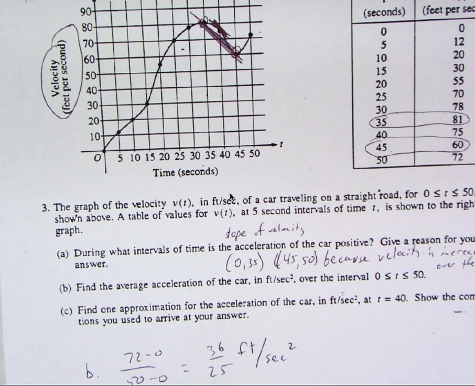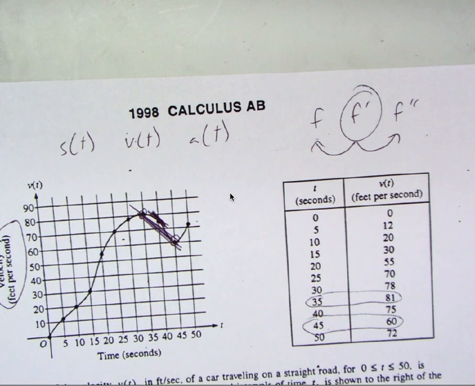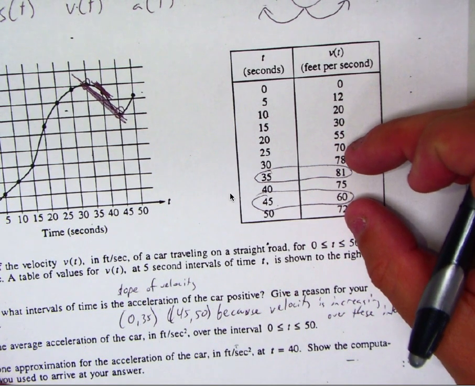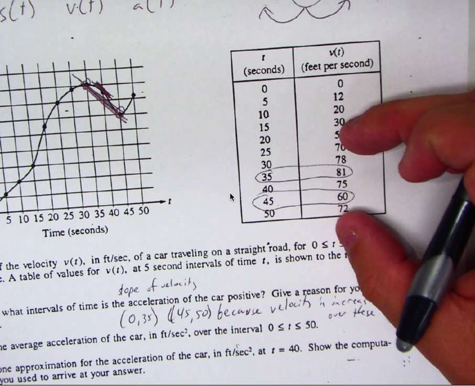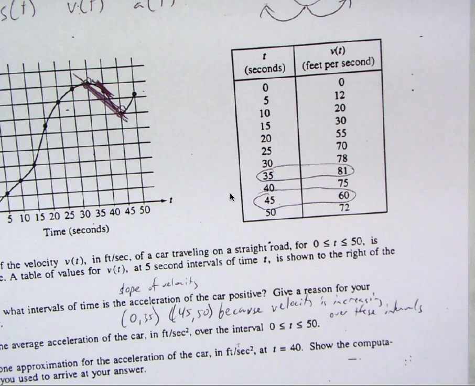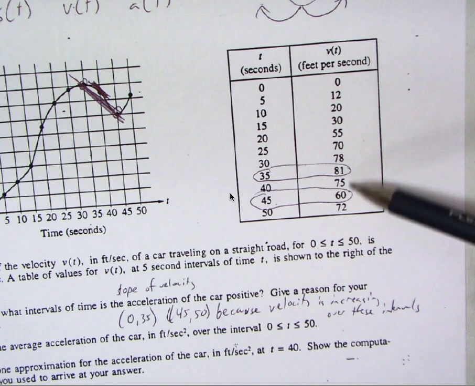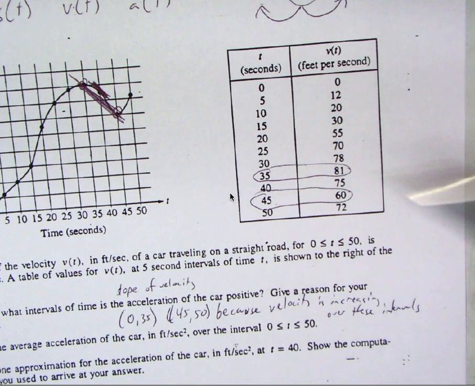AP made a change a handful of years ago. This is an AP problem from 1998. They used to let you go any equal interval away from what you were looking for, as long as it was equal intervals. Since then, they've gone to you need to use the two that are exactly on either side, in this case of t equals 40.